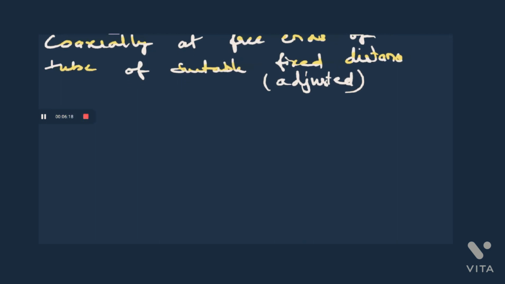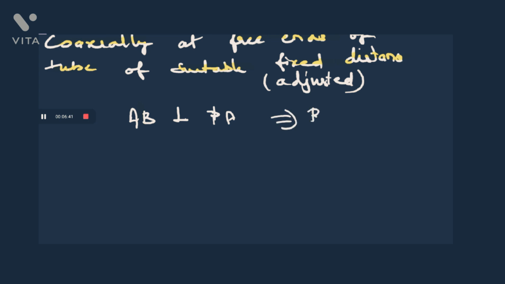So what are all the things that we have here? You have AB, held perpendicular to the principal axis, placed in front of the objective lens, and it forms a real and inverted image A dash B dash.